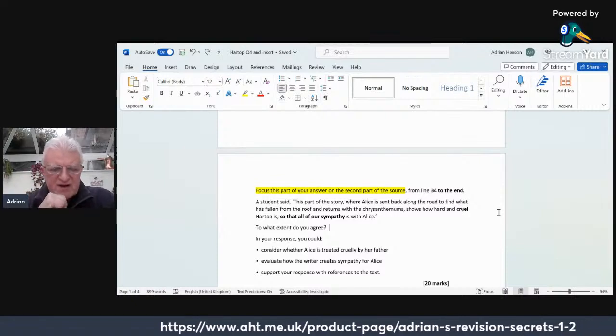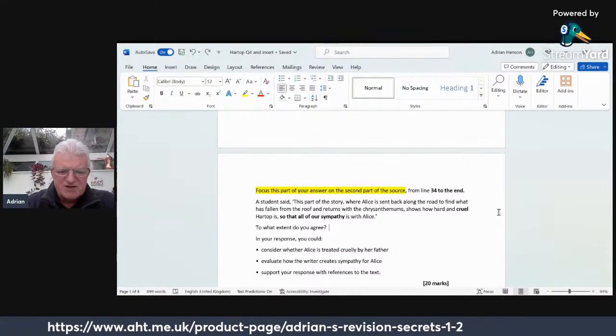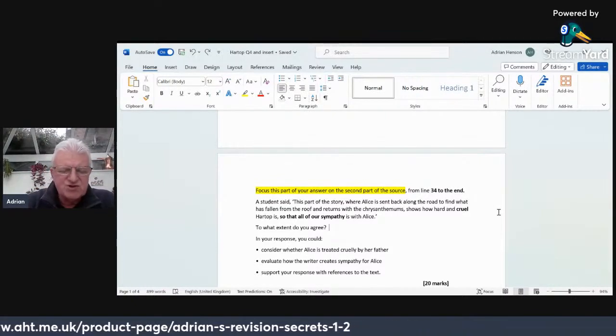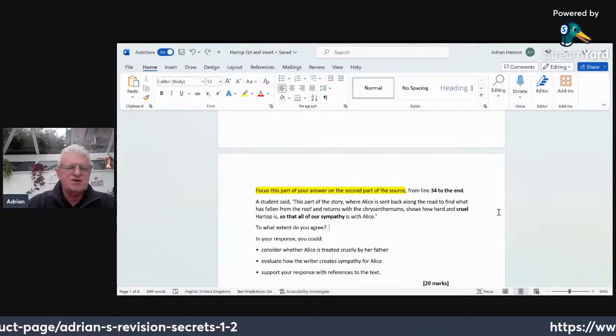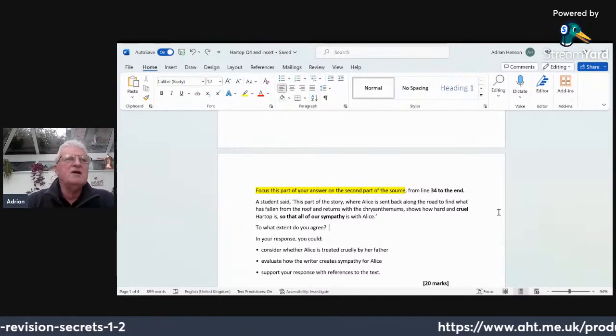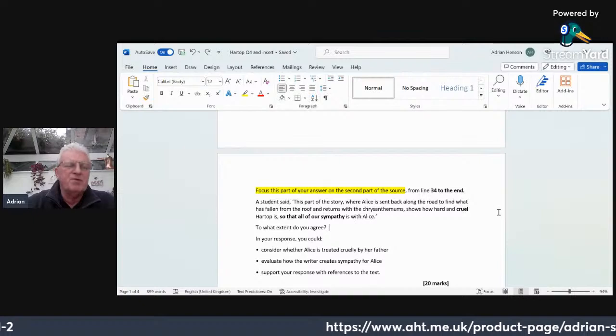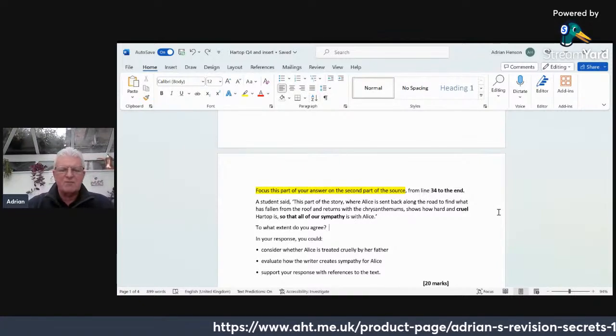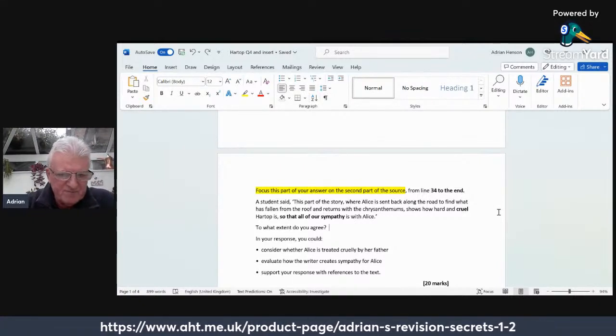But what the examiners want now is that they're accepting that students can answer that they agree, they disagree, they partly agree, or they just have a balanced view of both.